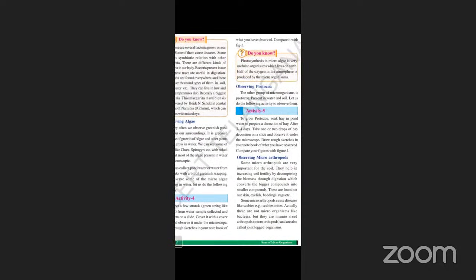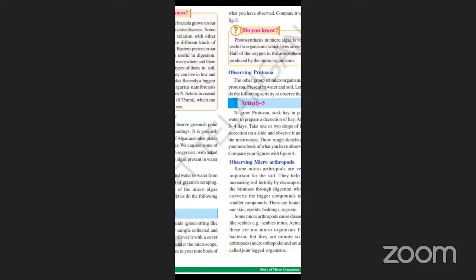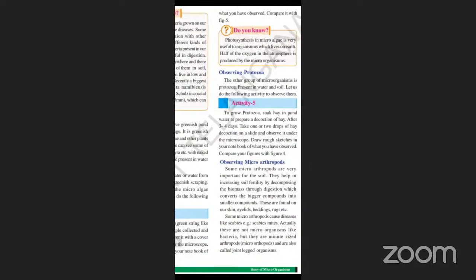Do you know, photosynthesis in microalgae is very useful to organisms which live on Earth. You may all be thinking that most of the oxygen on our Earth is produced by plants. No, that is wrong. I'm not saying plants do not give oxygen.